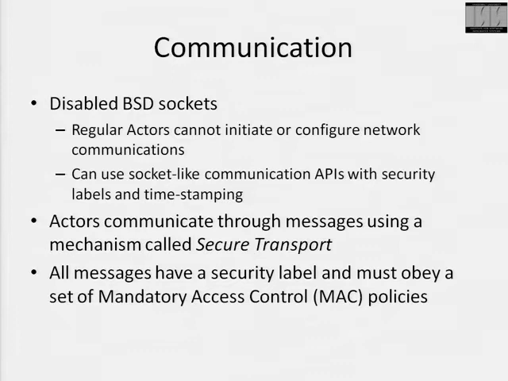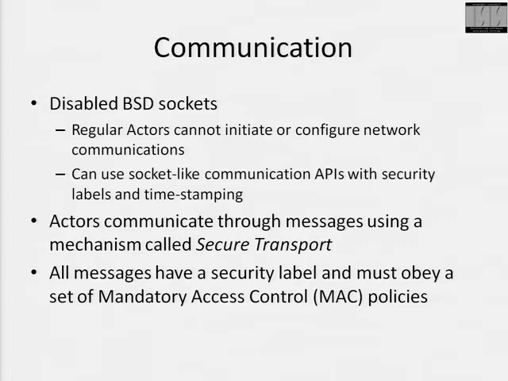actors. So you can still use the socket-like communication APIs with security labels, and we have timestamping at the IP datagram level. The reason for this, the second one, was actually a late use case that came up that said, well, we'll still probably need to get to ground systems and access systems that aren't aware of the secure transport mechanisms. What do we do there?